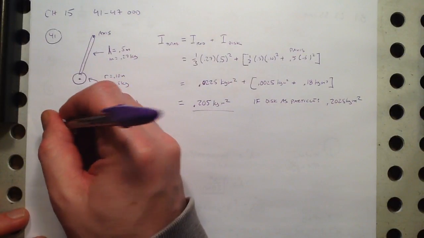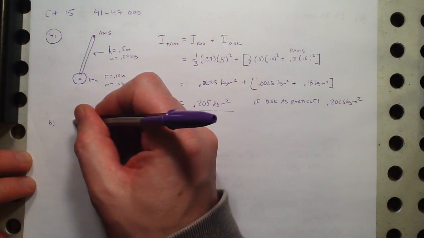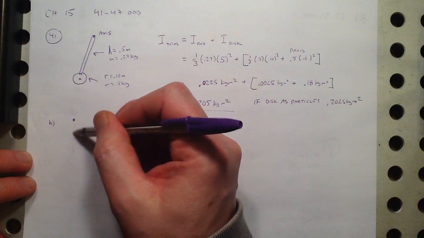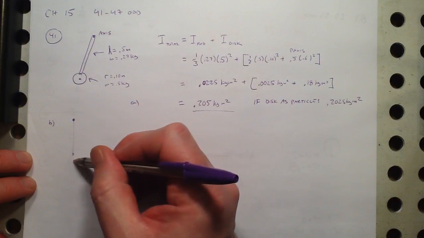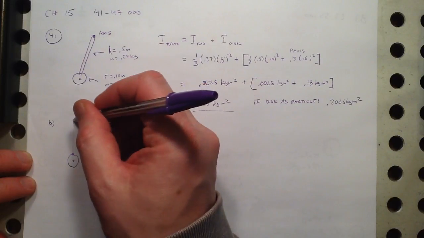Part B, we want to know what's the distance between the pivot point and the center of mass of the pendulum. Okay, so we have to do a center of mass calculation here because we need to know that. So I've got the rod and then I've got the disc here, and I want to know what the center of mass is.